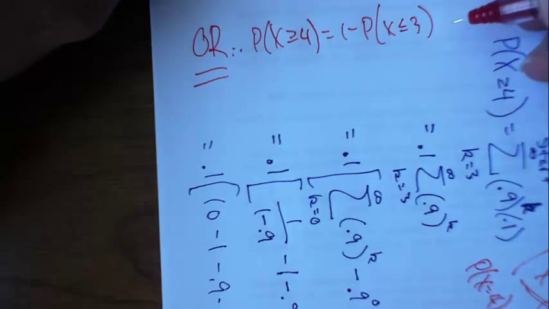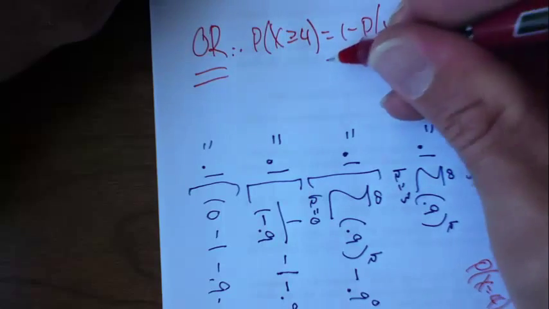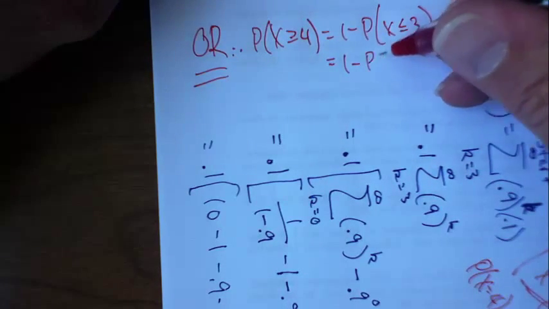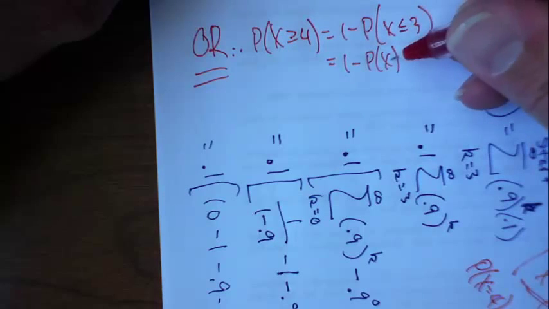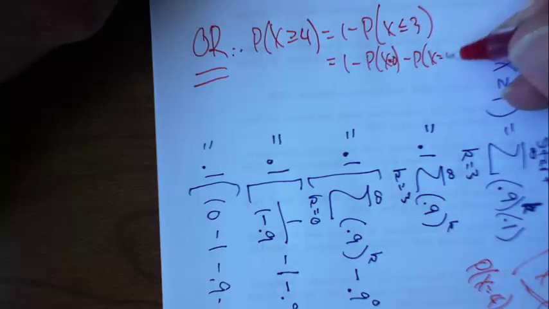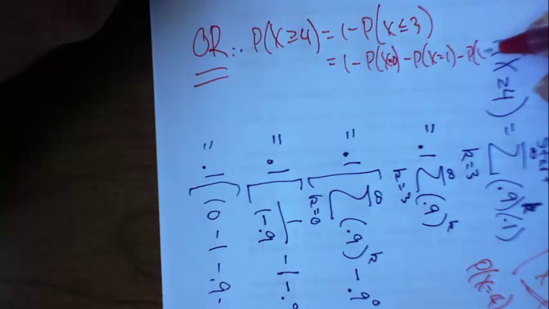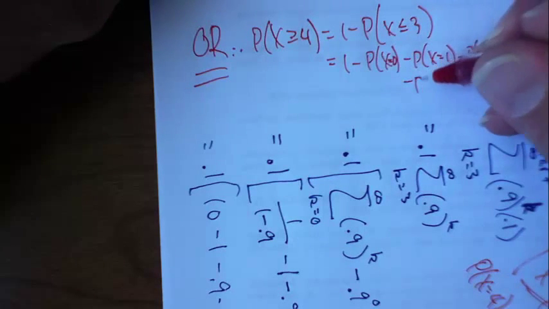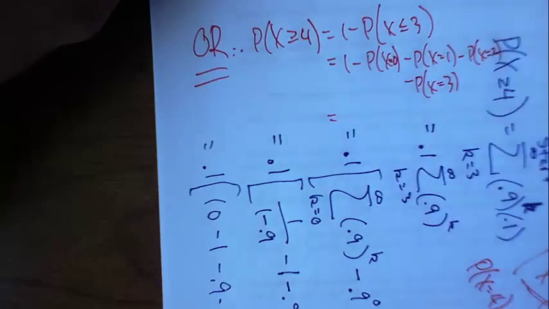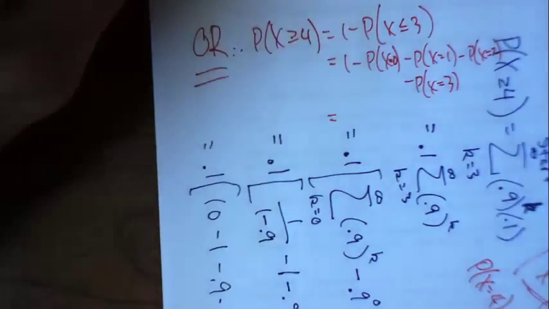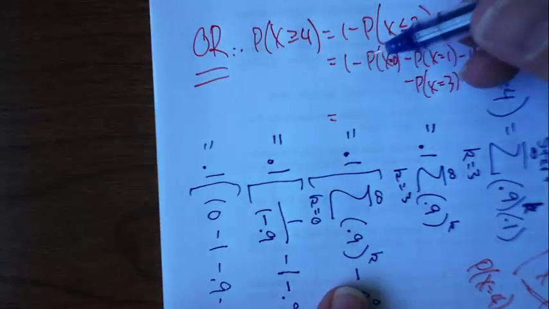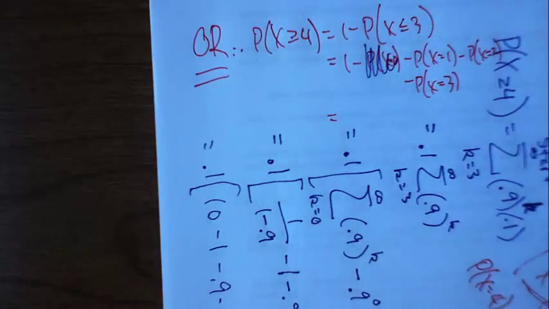So I could do it that way and say it's 1 minus the probability that x equals 0, minus the chance that x equals 1, minus the chance that x equals 2, minus the chance that x equals 3, right? So, in fact, I made a little silly mistake here. Of course, x cannot be 0.